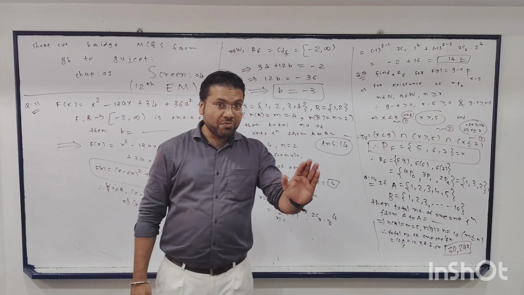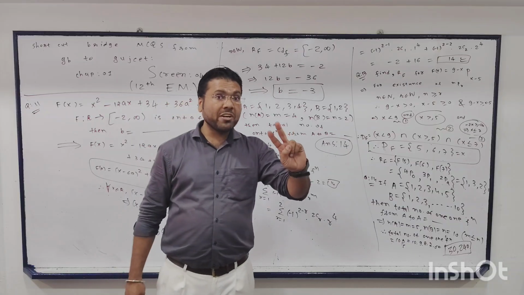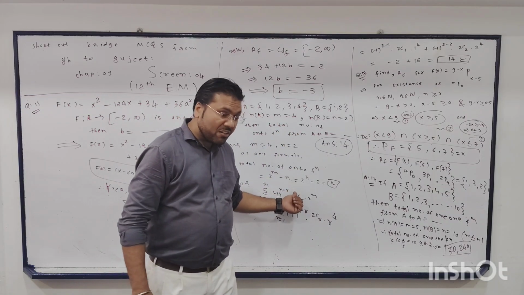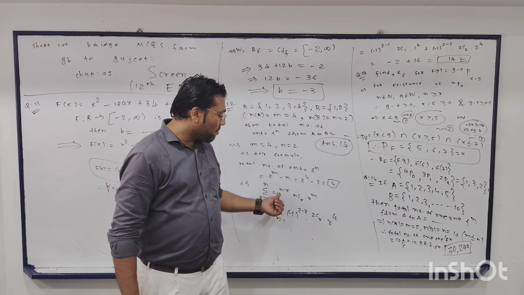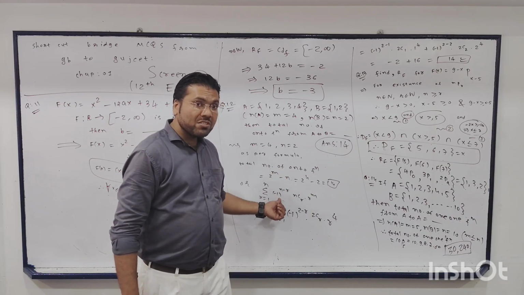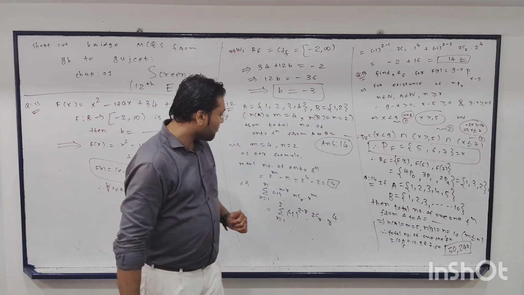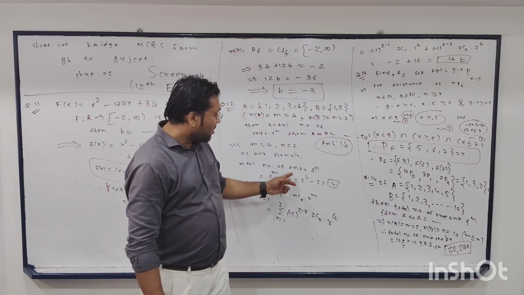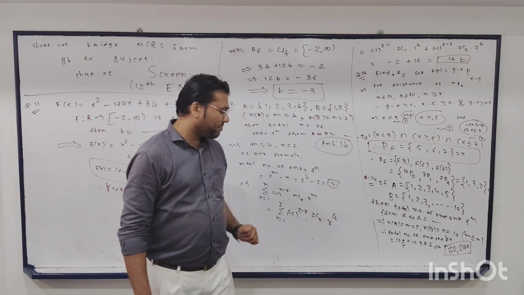Onto functions are given by two formulas: 2 raised to m minus 2, or sigma r equal to 1 to n of minus 1 raised to n minus r into nCr into r raised to m. By the first formula, your answer should be 2 raised to 4 minus 2, because m is 4, n is 2.